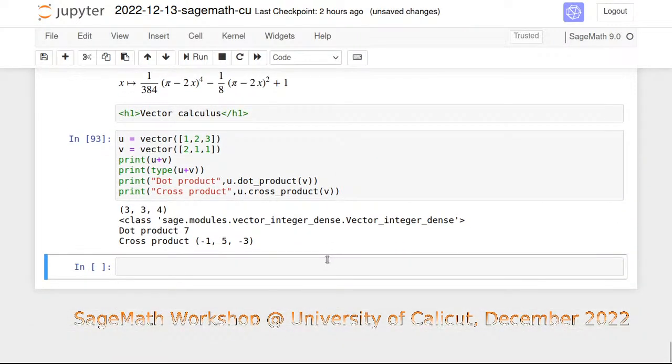That's a vector. And you can straight away get the norm.